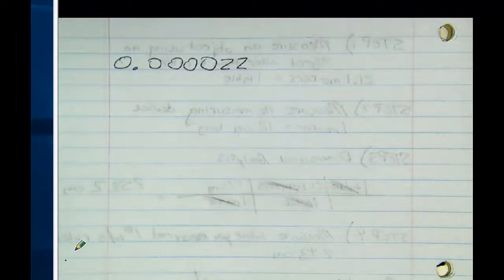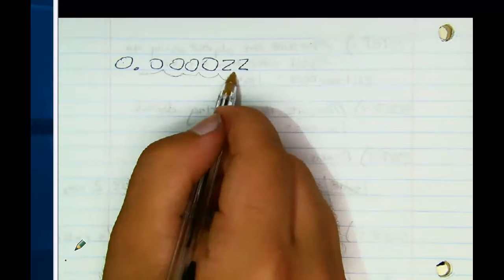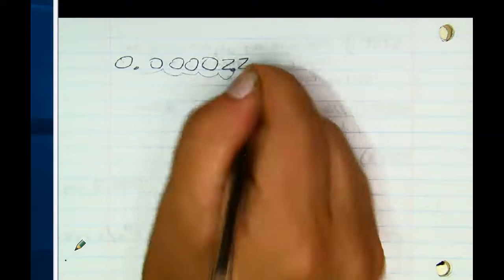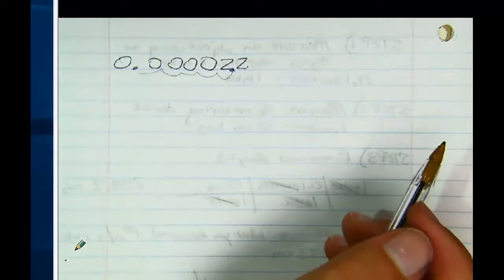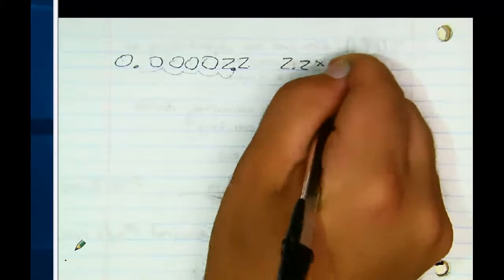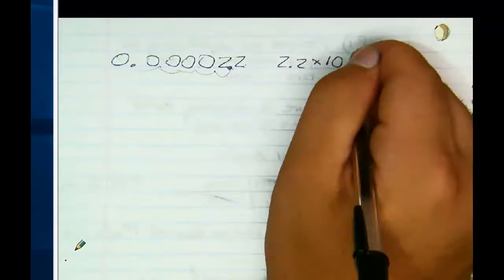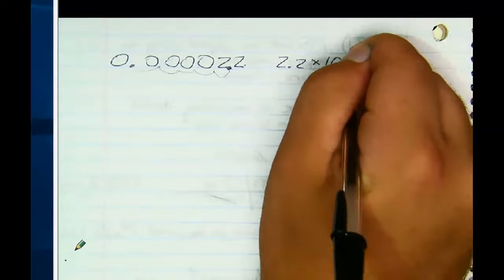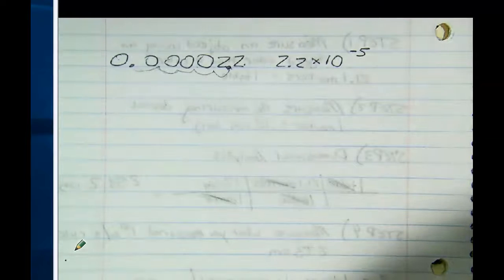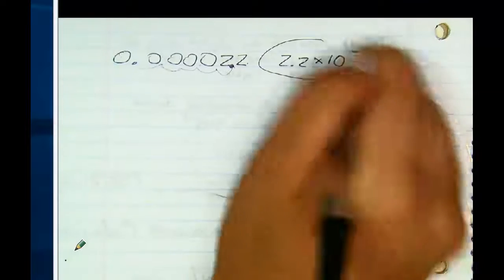Remember, in scientific notation, you have to have a number between 1 and 10. So when I move my decimal over 1, 2, 3, 4, I'm going to move it right there. So 2.2 is between 1 and 10. Okay? So 2.2 times 10 to the negative 5. Now, when you're moving to the right, it's negative. When you're moving to the left, it's positive. So that would be my answer.